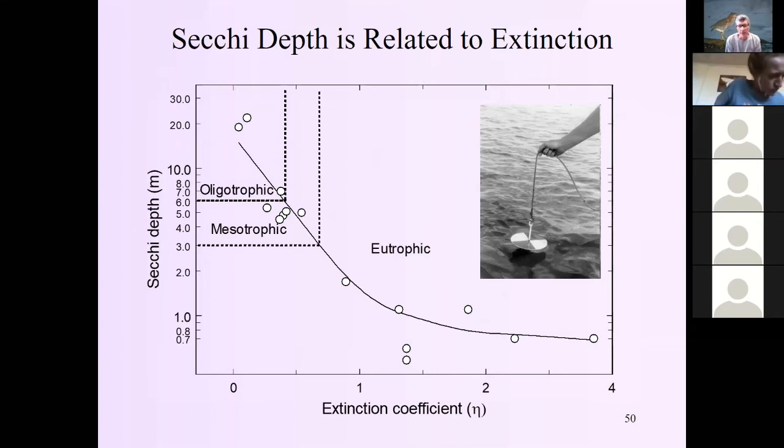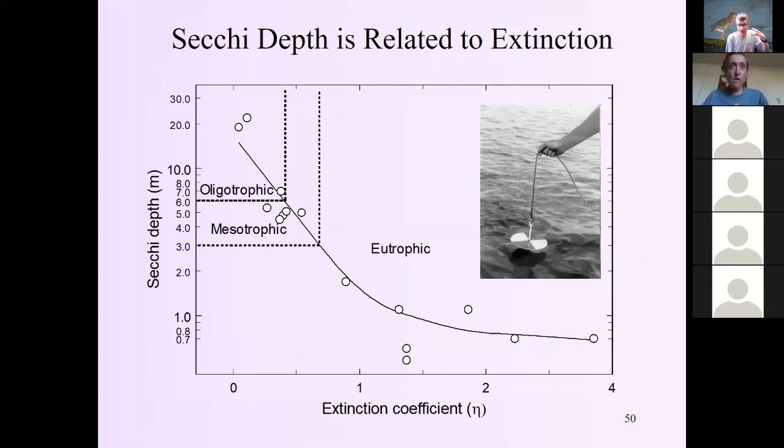Okay, so one of the things we're doing is Secchi depth, and Secchi depth is a quick and dirty way to get at light attenuation, because the light has to come from the surface, go down to that black and white disk, bounce off that disk and come up and hit your eye, right?